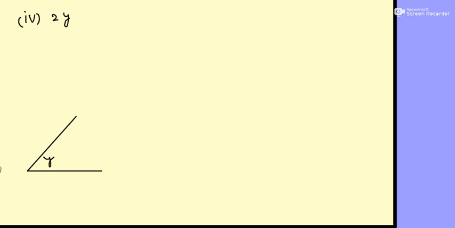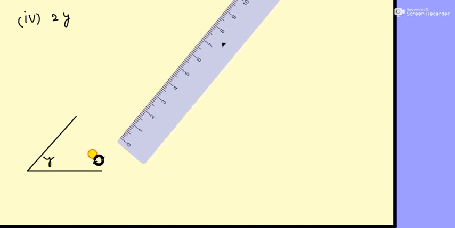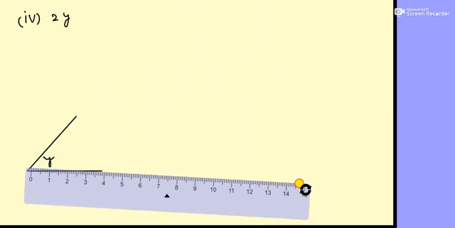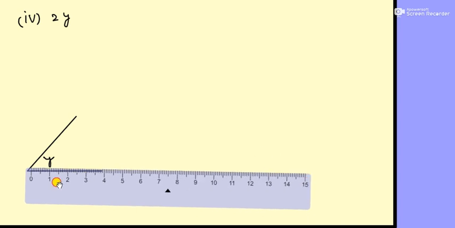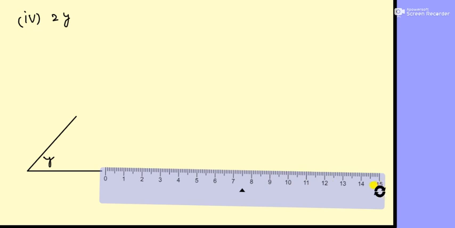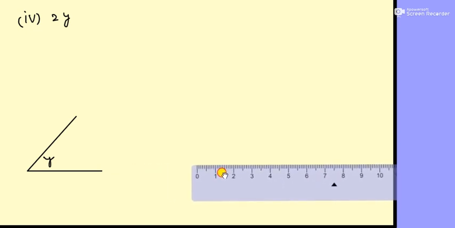Now take a scale and make a line segment which is equal to 8 centimeter. Take a pencil and from here 0 to 8 centimeter. You can write here 8 centimeter.